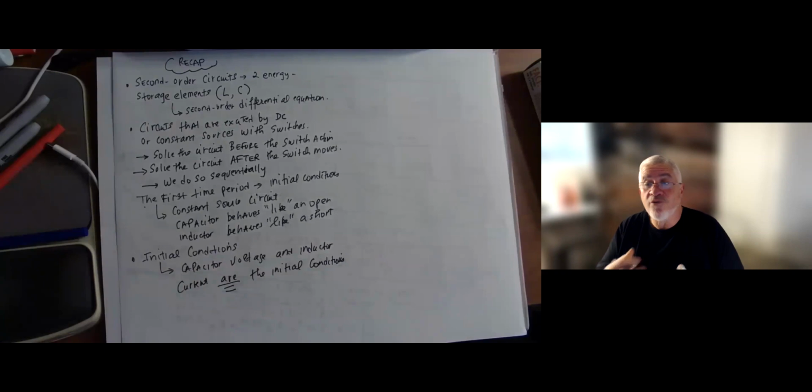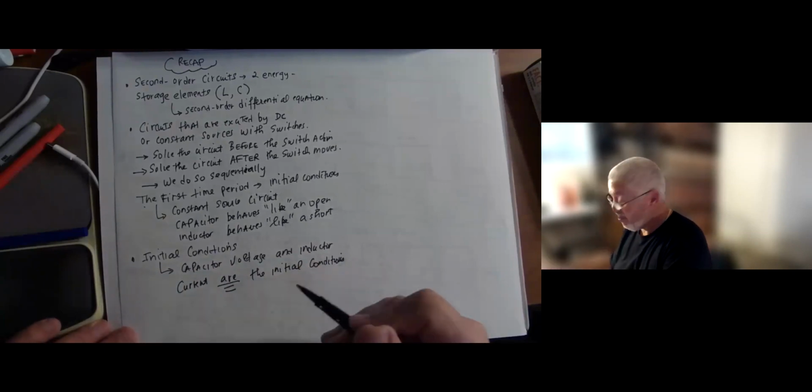In other words, regardless of what I ask you, you always need to calculate the capacitor voltage and the inductor current. Okay, I could ask you something else. You need to calculate these two because they are the initial conditions.